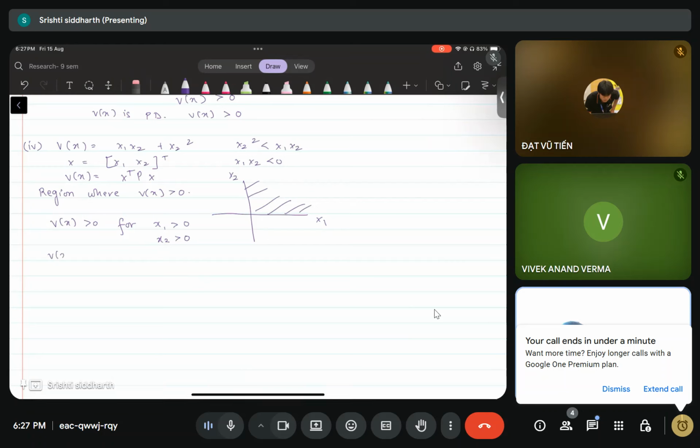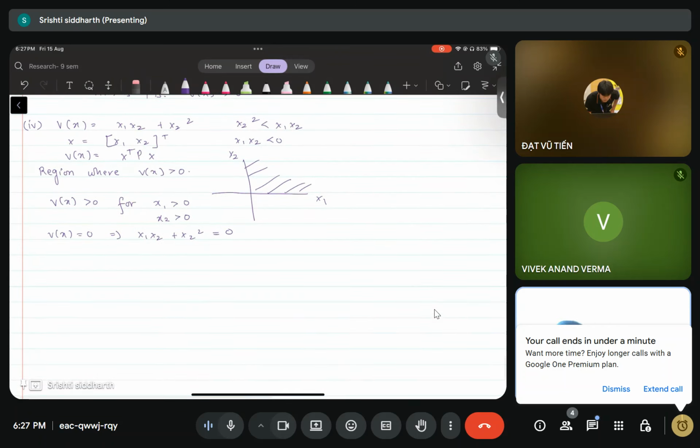And just check once if V(x) is 0, which implies that x1 x2 plus x2 squared equals 0. So you will have to solve for this, which happens when x2 equals 0 and x1 equals minus 1.